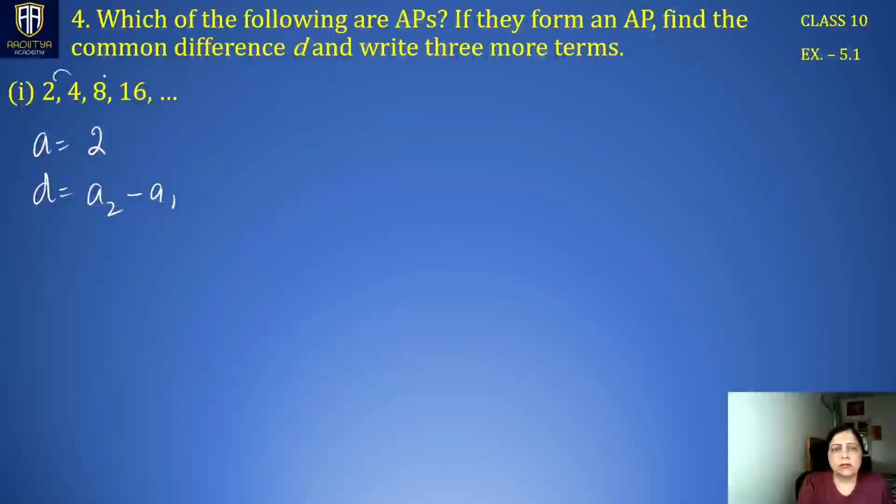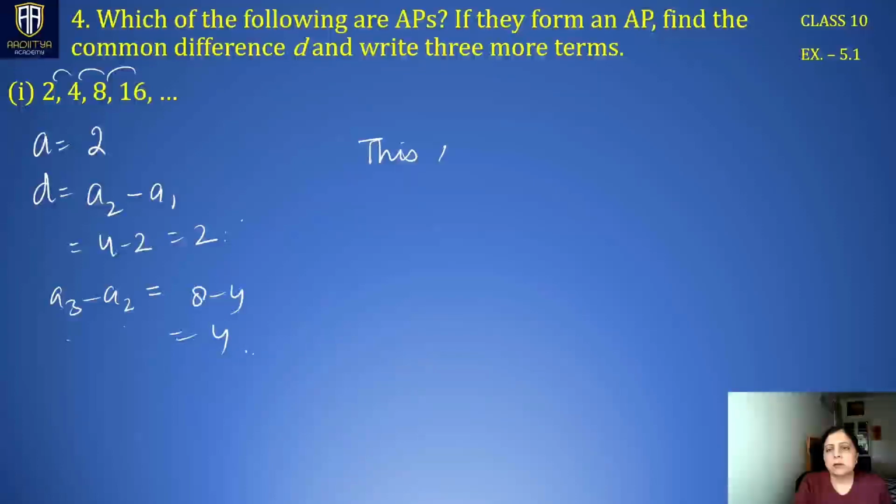So we have to check the differences of these 3 pairs. A2 minus A1 is 4 minus 2. That is 2. And then A3 minus A2 is 8 minus 4. That is 4. So we can see that in the first case common difference is 2, and in the second case the difference between two terms is 4. This is not an AP.